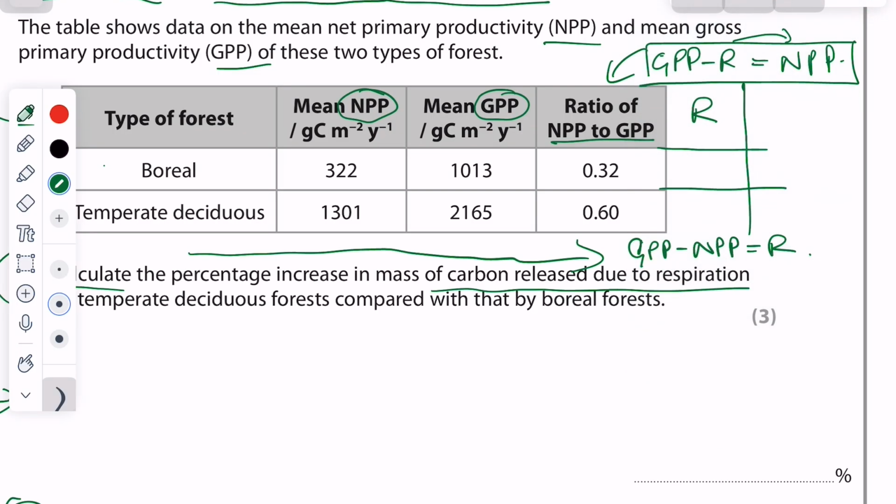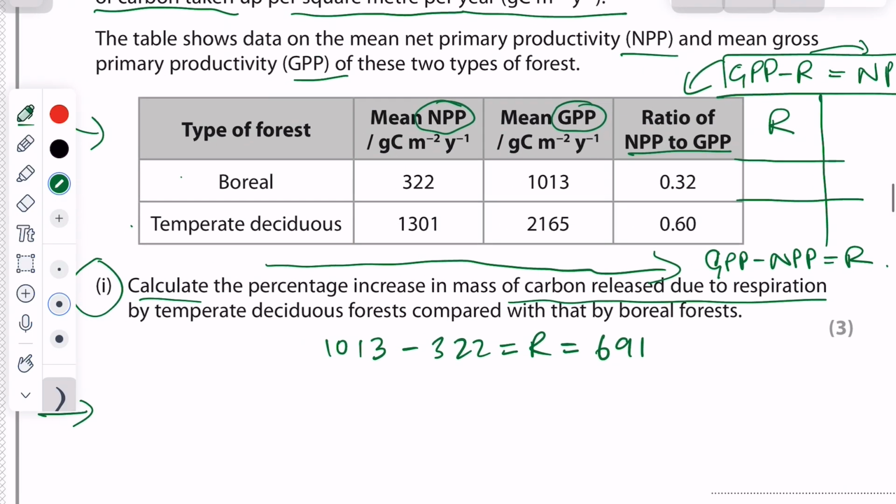Okay, so I've got my calculator now. We've got GPP minus NPP. So 1013 minus 322 equals R equals 691 for boreal.